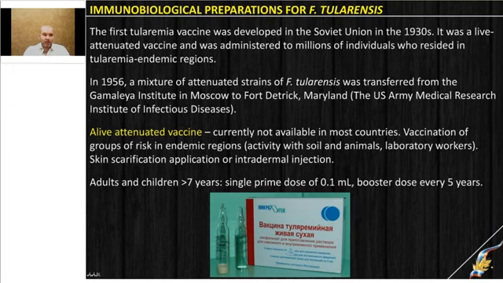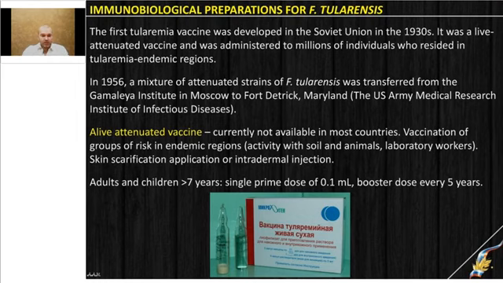Historically, we had live vaccines against tularemia, and the very first vaccine was designed and produced in the Soviet Union closer to the middle of the 20th century. It was a very good vaccine with very good effect, and millions of people in the USSR were vaccinated in endemic areas, who worked with animals or who just lived among animals. The vaccine was pretty fine, safe, and showed very good results.